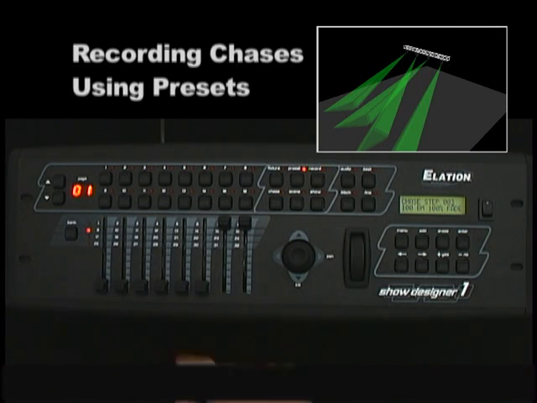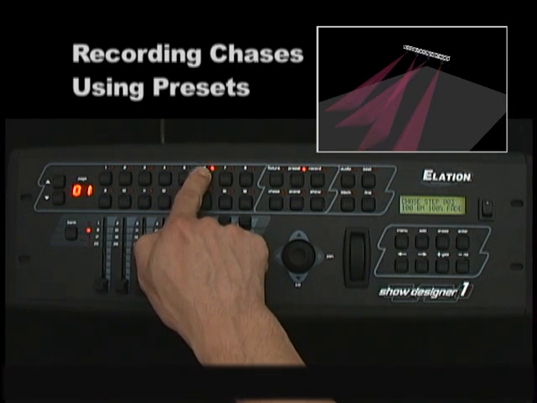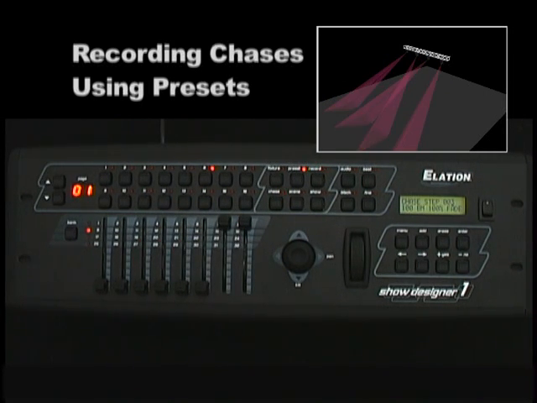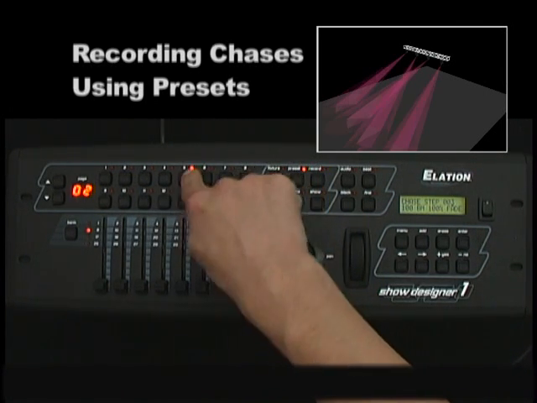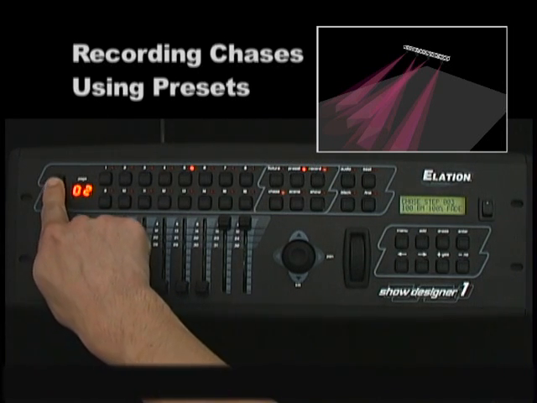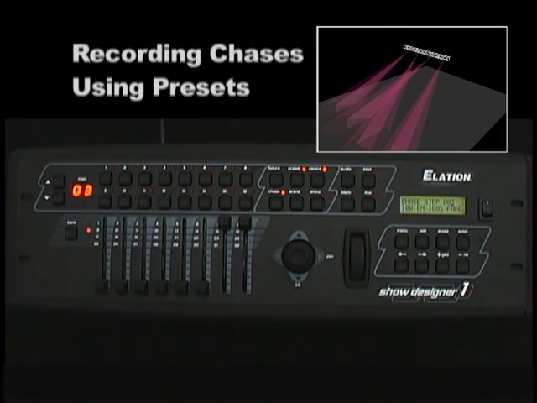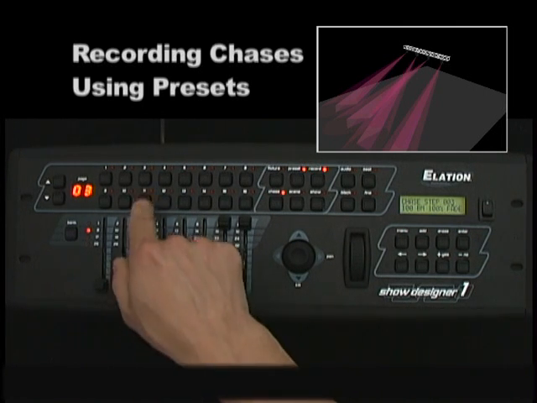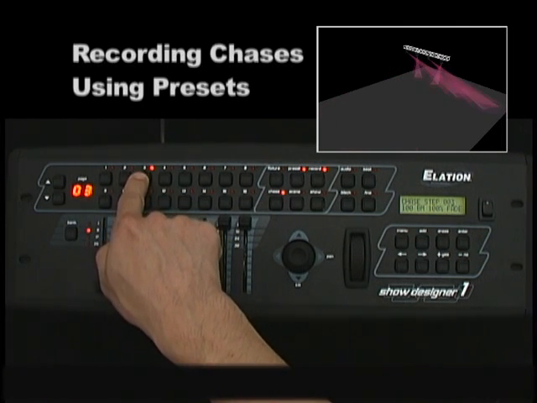I'll enter one more step by selecting a new color preset. Page up to my gobo page. Select the new gobo, and I'll page up to my beam position preset page and select the new preset.